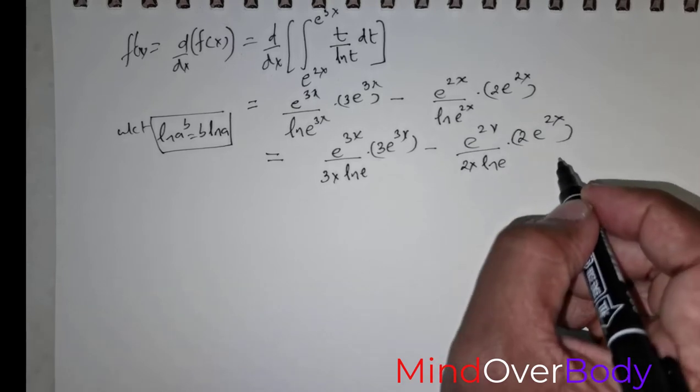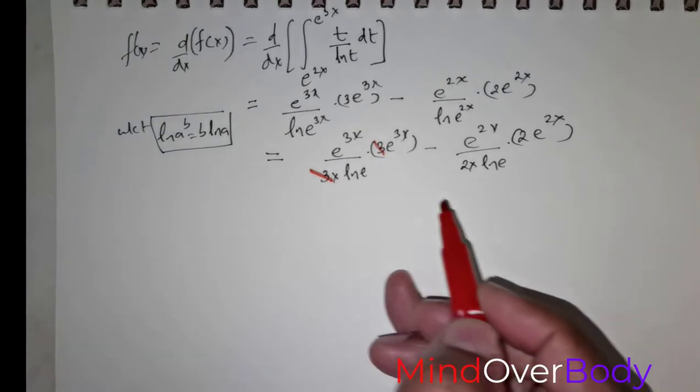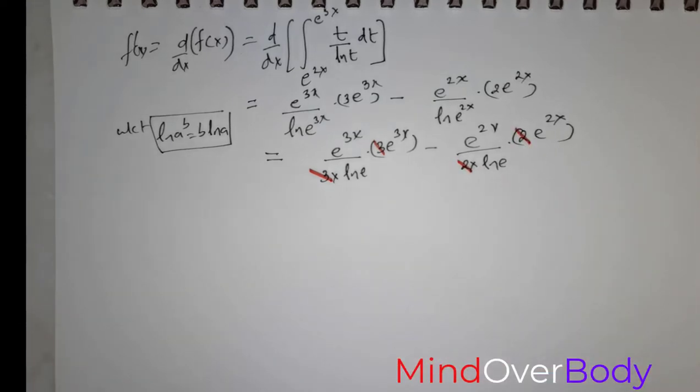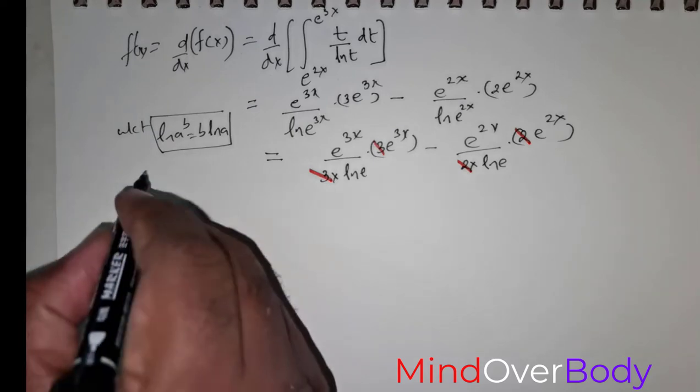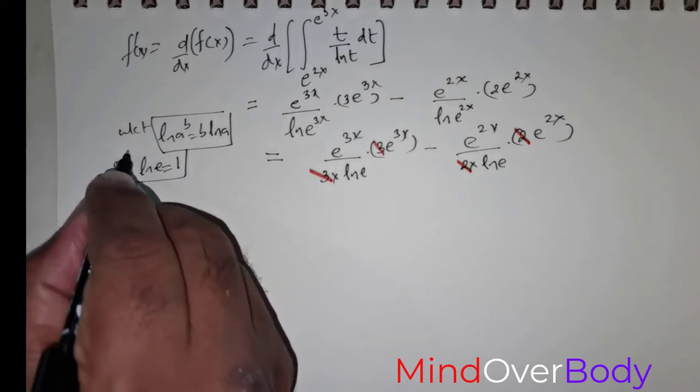This is what we have got. Now clearly what we can do here is cancel the 3's, cancel the 2's, and ln e, what is the value of ln e? ln e is equal to 1.